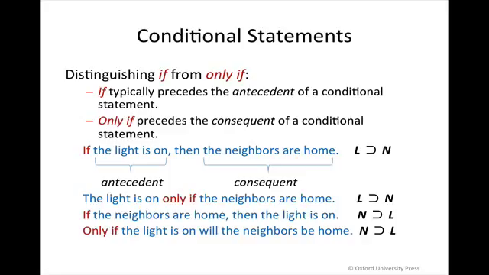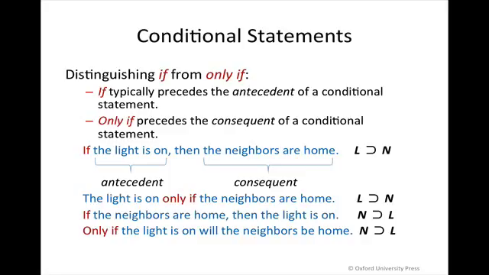Take a look at the sentence, if the light is on, antecedent, the light is on, then the neighbors are home, consequent, the neighbors are home. Whatever comes immediately after if, the antecedent, goes on the left side of the horseshoe, right?